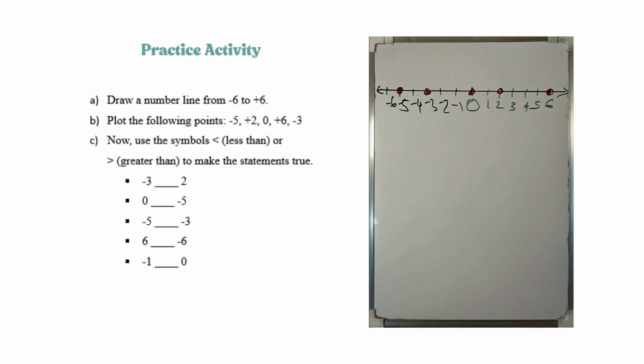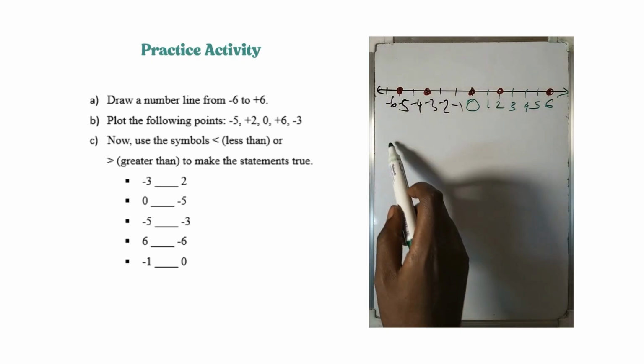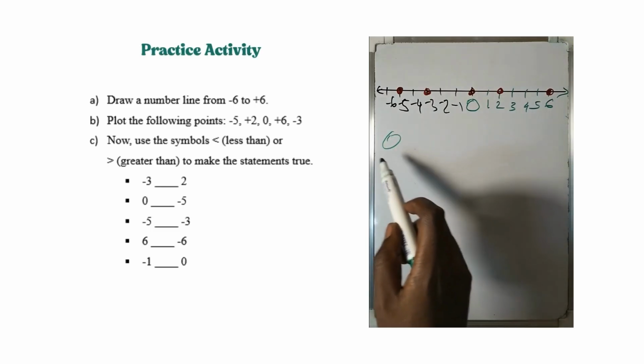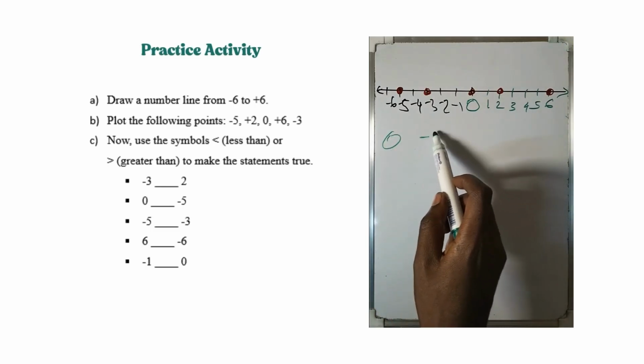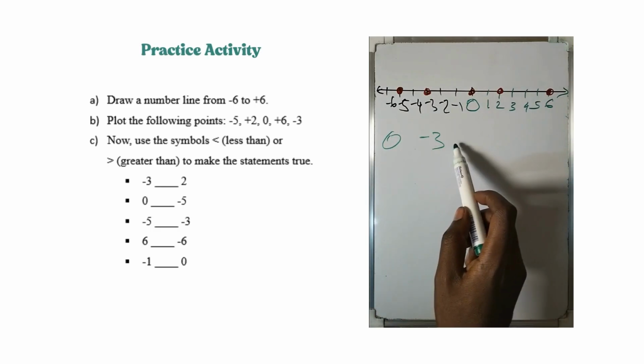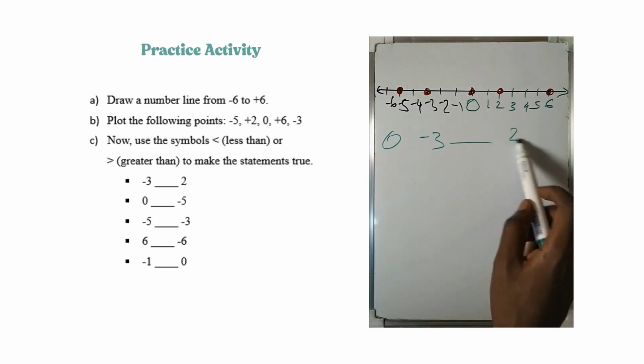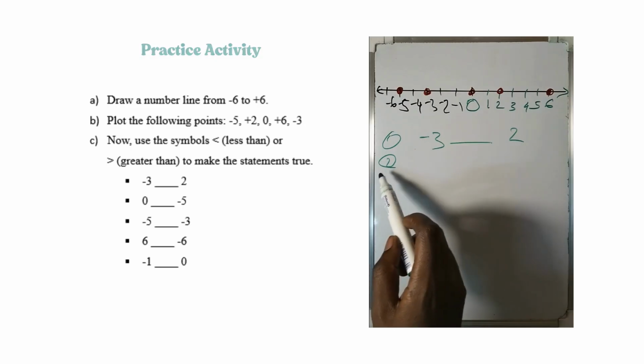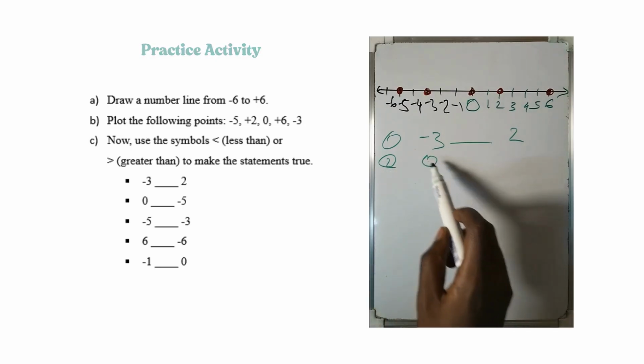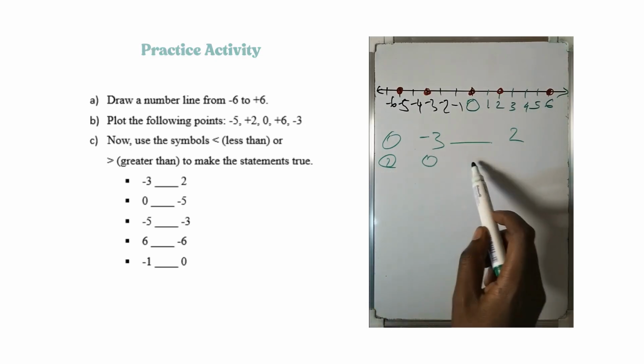The last part now is comparison. We are asked to use the symbols less than and greater than to make the statement true. So here are the comparisons that you're expected to complete. The first one will be comparing -3 and 2. The second one will be comparing 0 and -5.